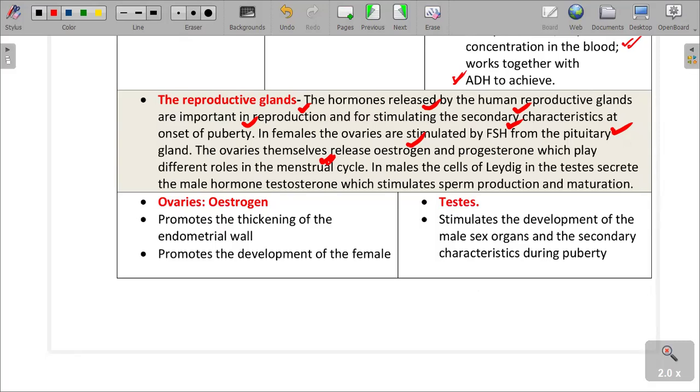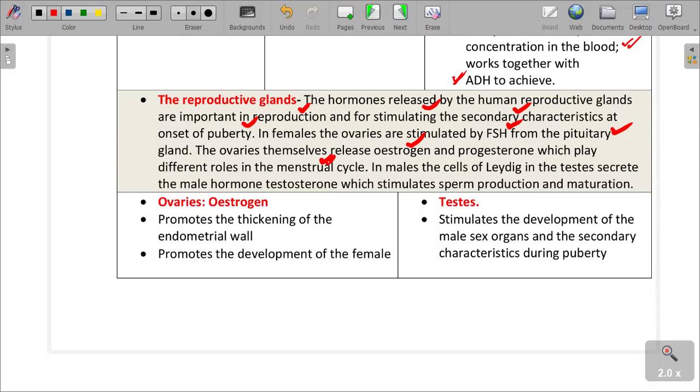So now we need to take note that there are various hormones produced which cause reproduction to occur, and also cause maturity to happen.